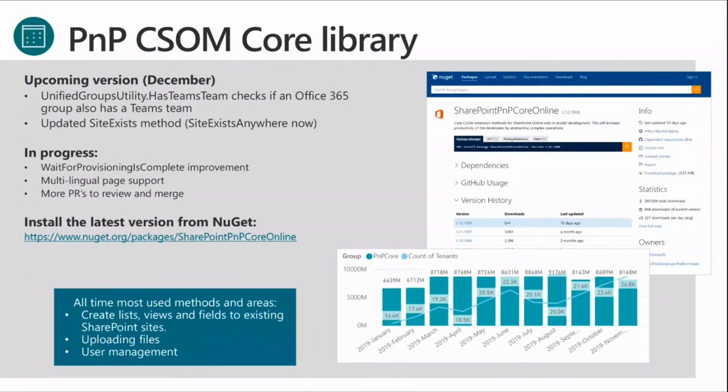What's coming up for the core library? We have seen several issues with the wait for provisioning is complete method. That's something that we introduced more or less 2 months ago. That method waited after you created a modern site, which goes really quick, a matter of seconds. But then lots of things are still happening at the back end in the server, and that method was there to wait until all these things were done.